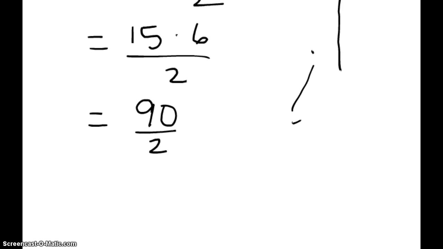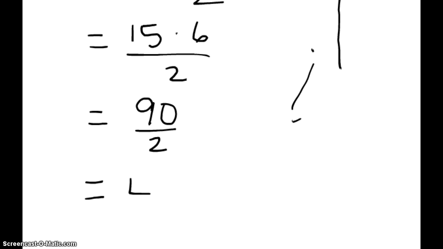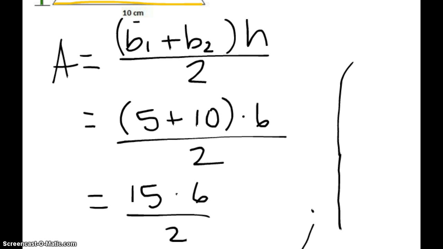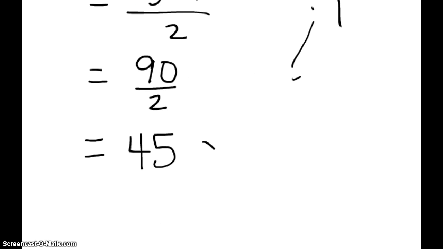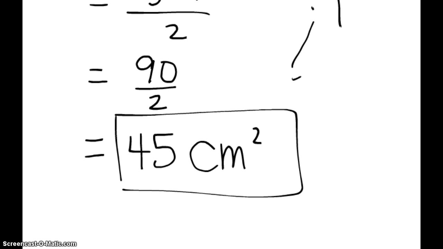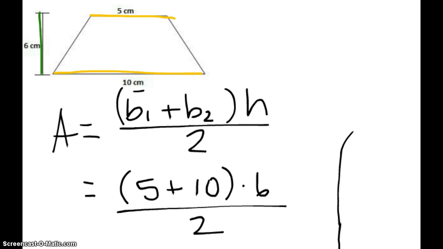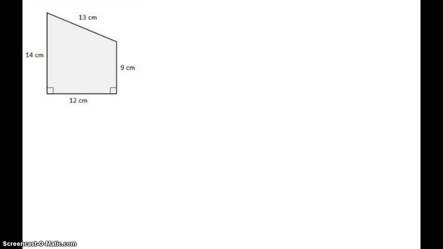And what is 90 divided by 2? It is 45. And what were our units? Centimeters. So it was 45 centimeters squared. So that's our final area. So literally 45 square centimeters would fill the inside surface of our trapezoid.